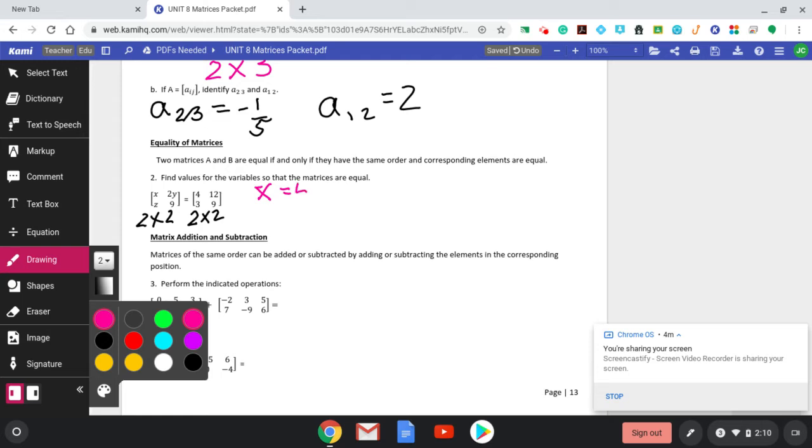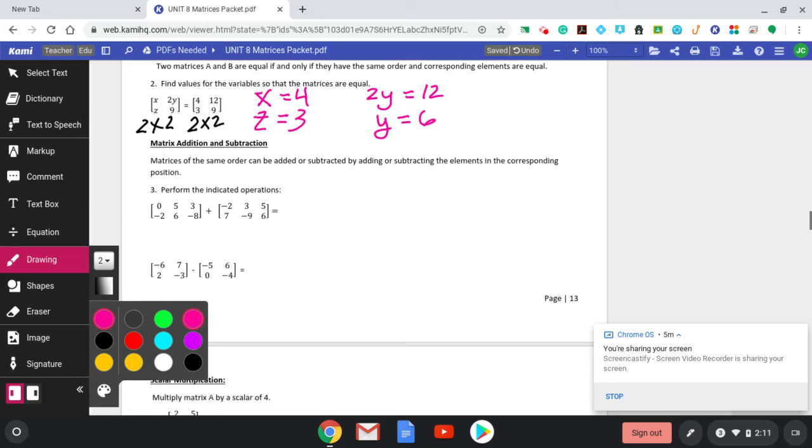That's a 4. z, what's in its spot? A 3. We're just matching them up. And then you just got to do a little quick algebra here. 2y is equal to 12, so y should be equal to 6. So when I set them equal to each other, I know they have to have the same order. Both of these are 2 by 2, and I just match up the corresponding values.